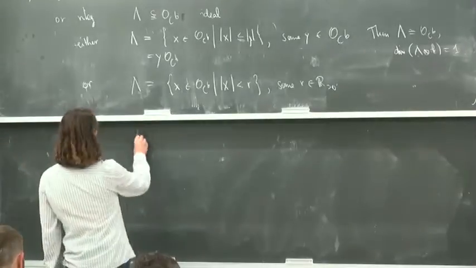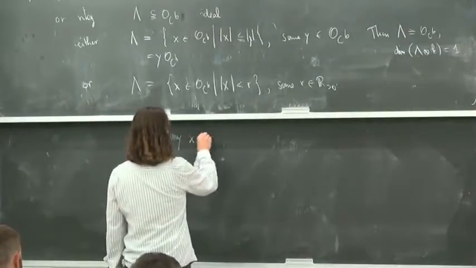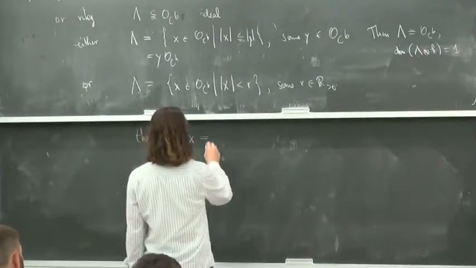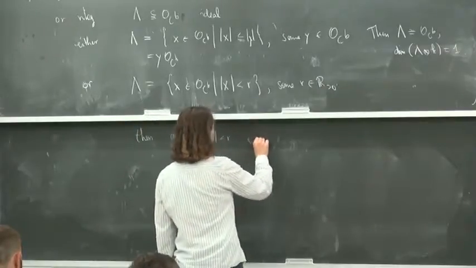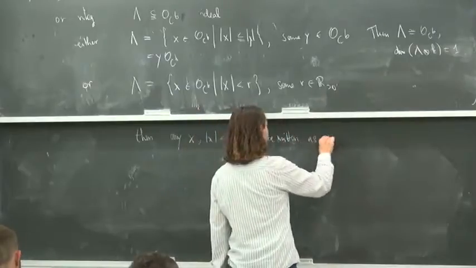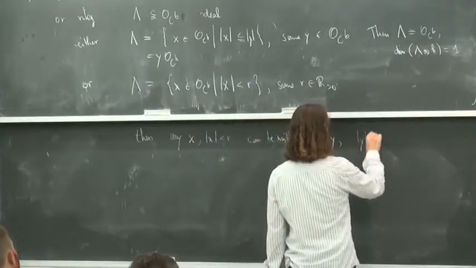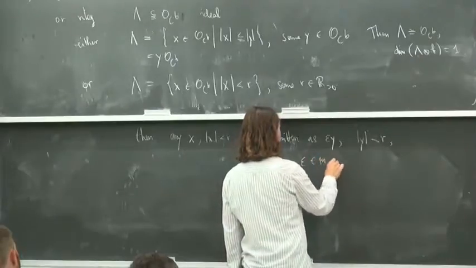But then any x with absolute value less than r can be written as epsilon times y, where the absolute value of y is still less than r, and epsilon is an element of the maximal ideal of C flat.